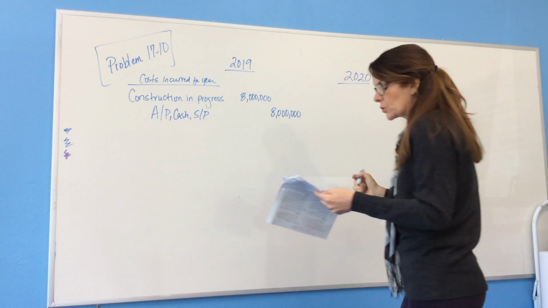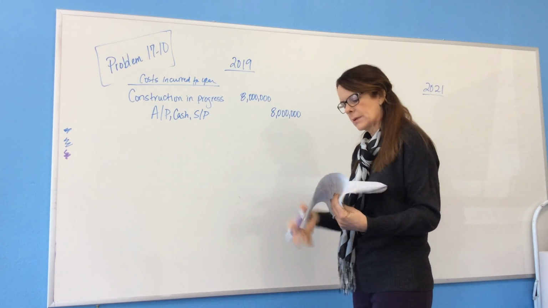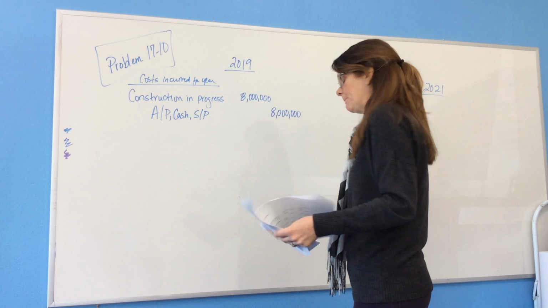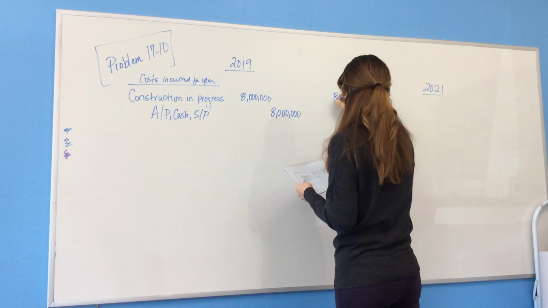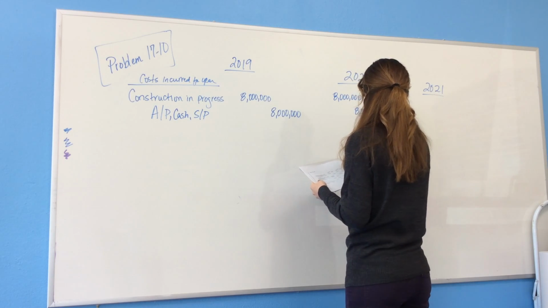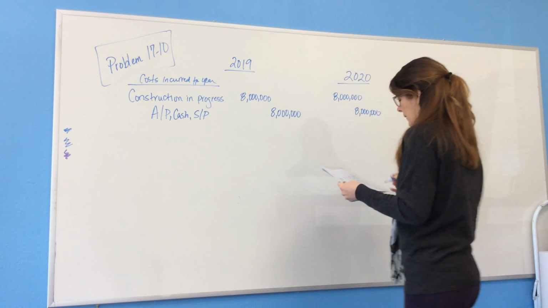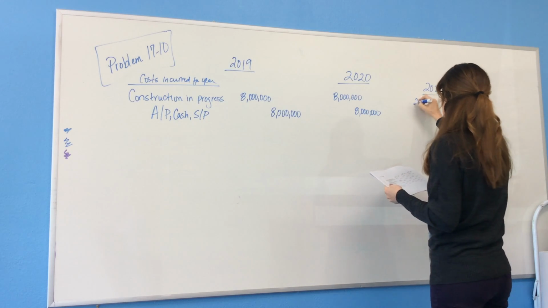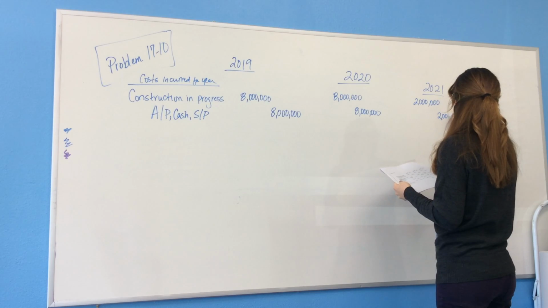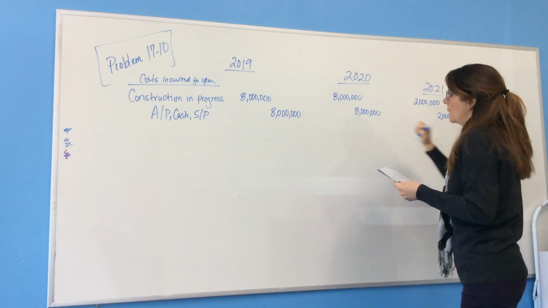When I move to 2020, it's also going to be $8 million for construction in progress. And then for 2021, it's going to be $2 million. And that accounts for the total.